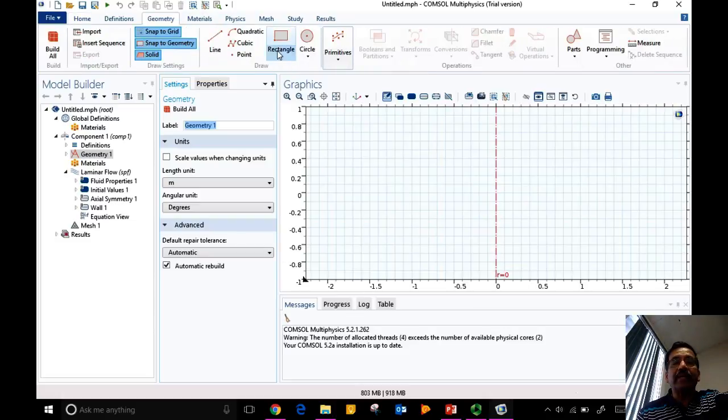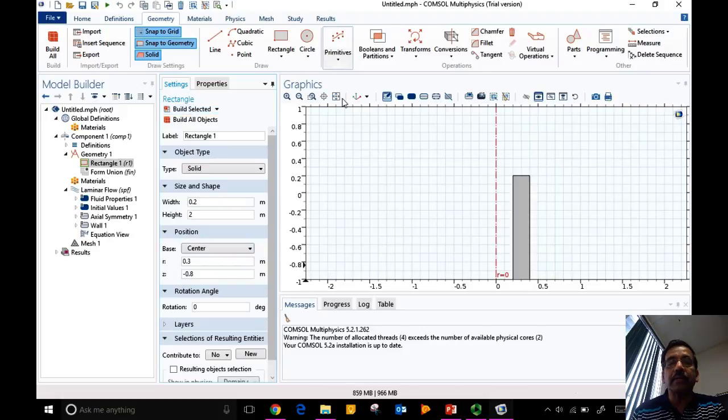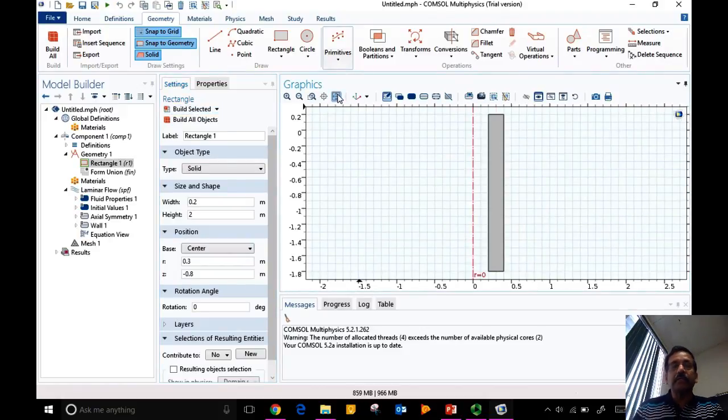So if I take a rectangle, I can position it any way I want, so I'm going to say 0.2 and height is 2, and let me position it at the center and build, center it. So it is a very narrow, long cylinder with the center placed somewhere here.